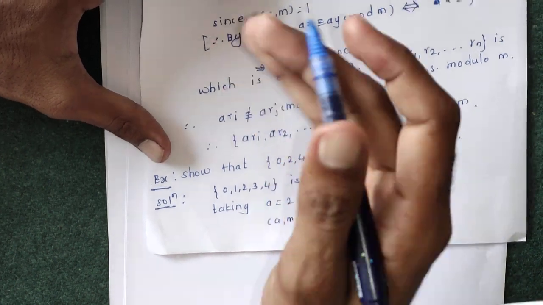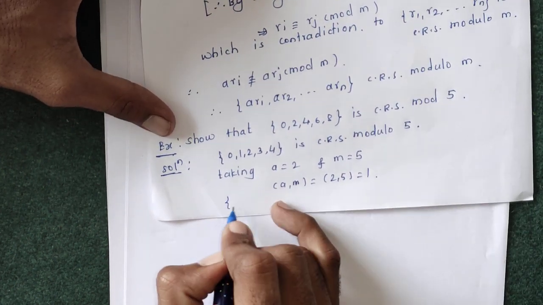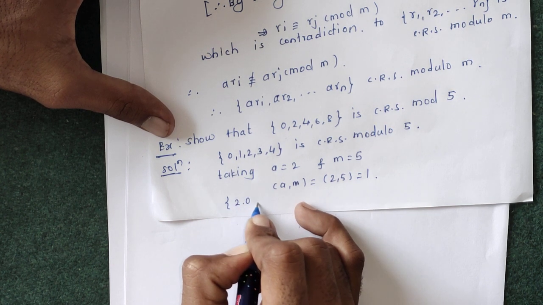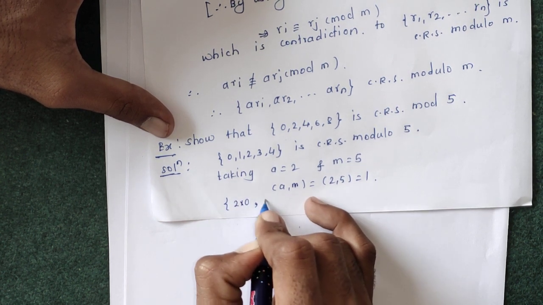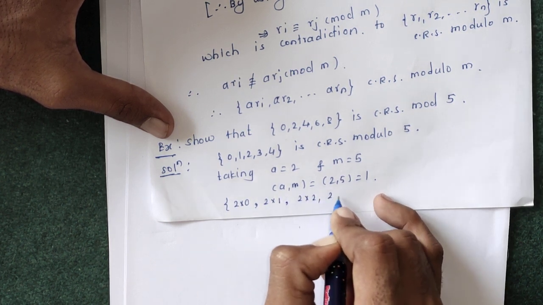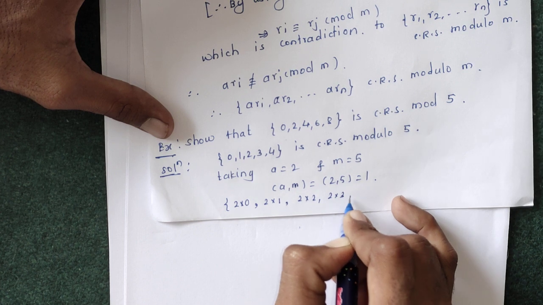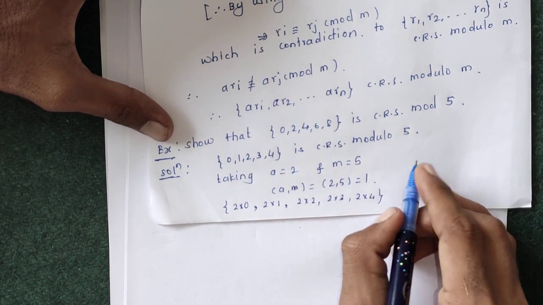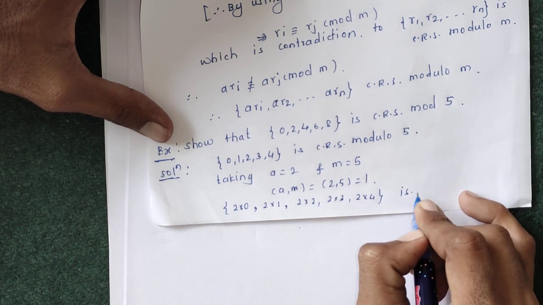Therefore, by the above theorem, 2 into 0, 2 into 1, 2 into 2, 2 into 3, 2 into 4 gives a CRS modulo 5.